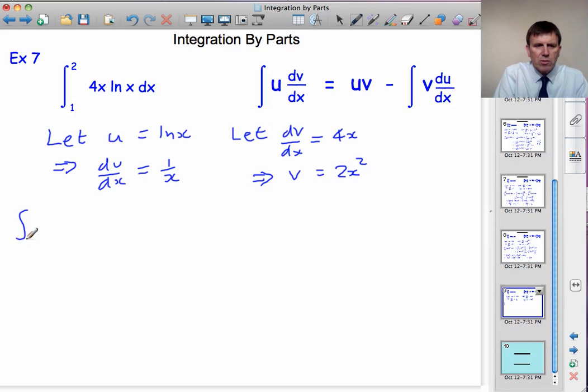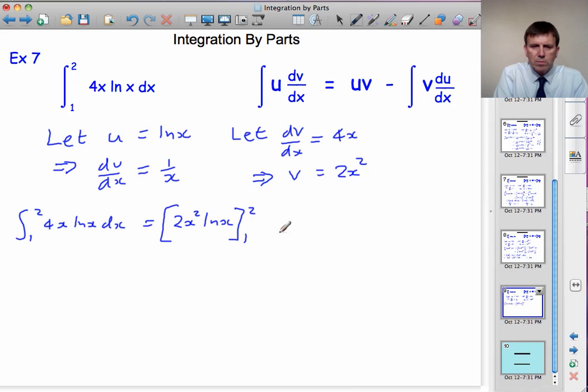So we have the integral from 1 to 2 of 4x log x dx is equal to uv, that's log x times 2x squared, evaluated between 2 and 1, minus the integral of v du by dx, that's 2x squared times 1 over x. And that's evaluated between the limits of 1 and 2 as well.